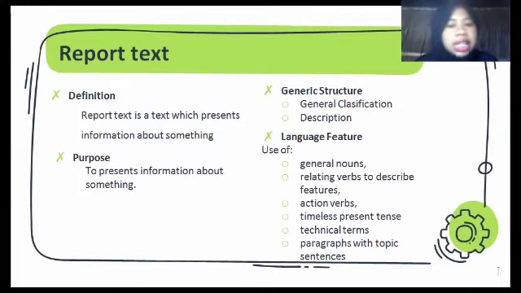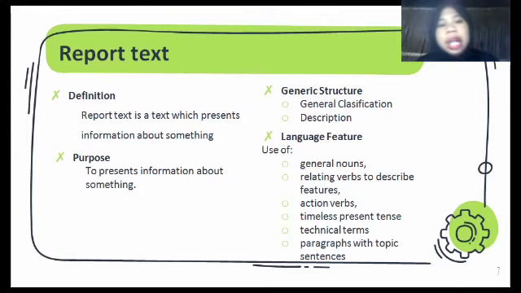The general classification states the classification of general aspects of things, animal, public place, plane, outbreaks, pandemic, etc., which will be discussed in general. And the second is description. Description tells what the phenomenon under discussion is in terms of parts, qualities, habits, or behaviors.